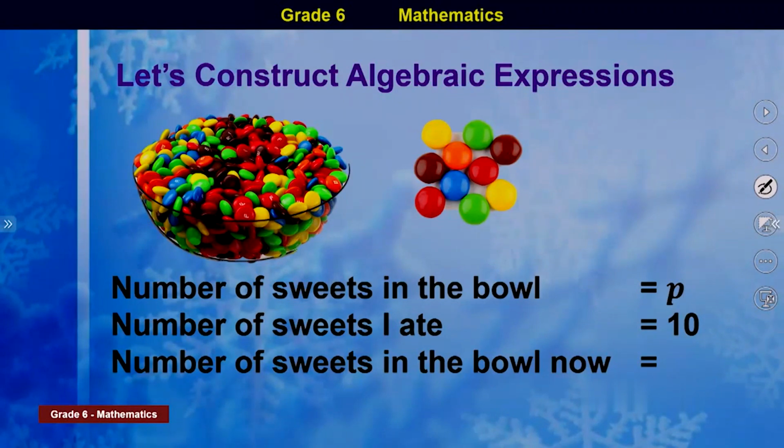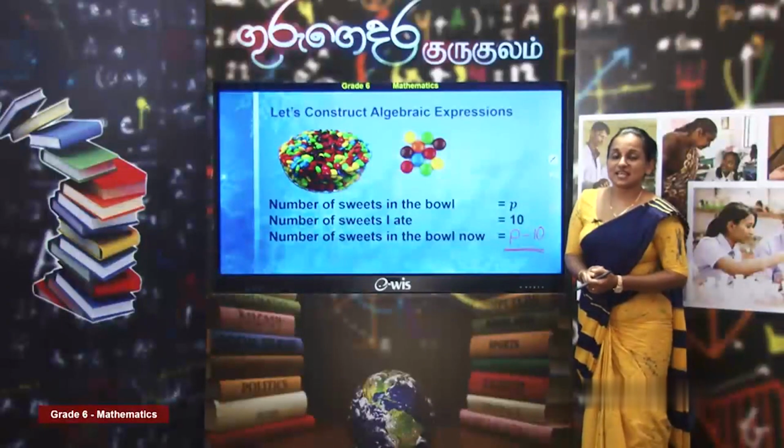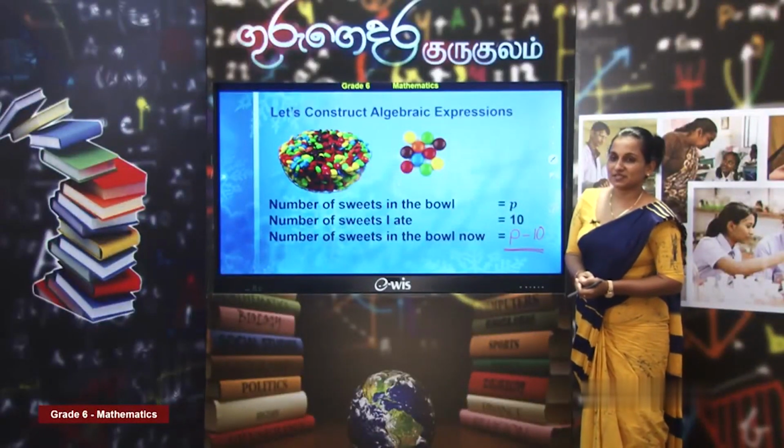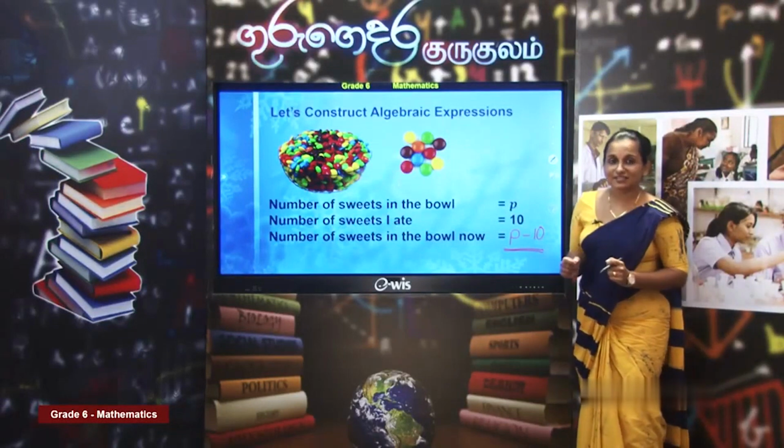Number of sweets in the bowl was p. I took 10 sweets. Then the number of sweets remaining in the bowl now is p minus 10. Now, this is an algebraic expression. Let's move to another example.